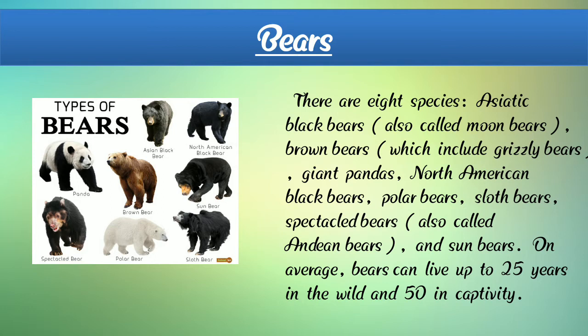So there are 8 species: Asiatic black bears, also called moon bears, brown bears, which include grizzly bears, giant pandas, North American black bears, polar bears, sloth bears, spectacled bears, also called Andean bears, and sun bears.